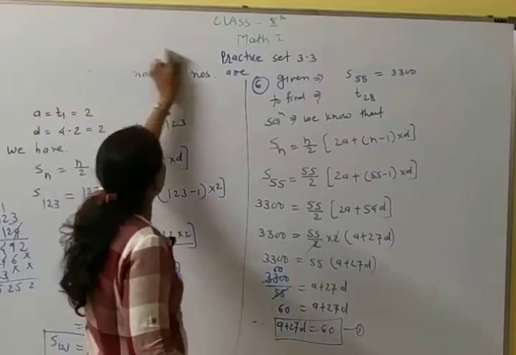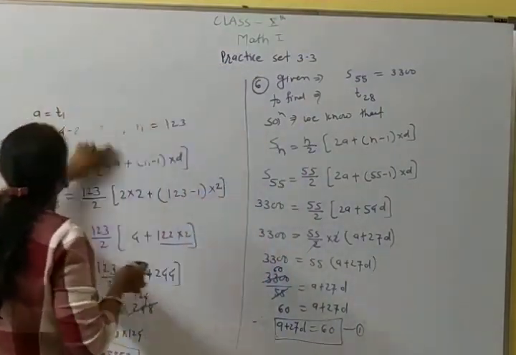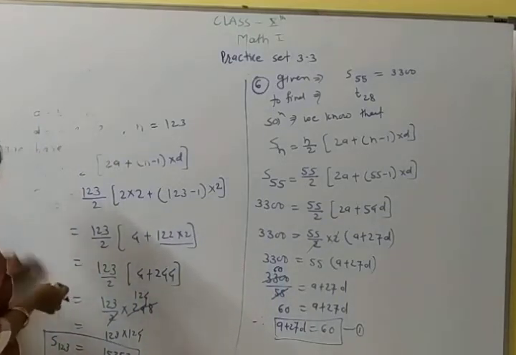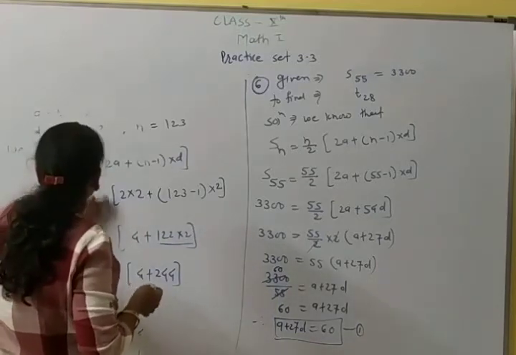Now we have to find T28, so we use the formula for the nth term: Tn equals a plus n minus 1 into d.